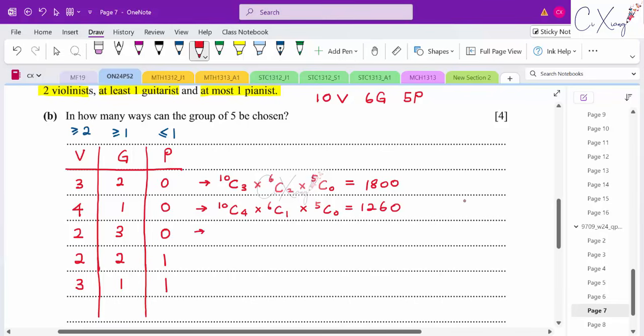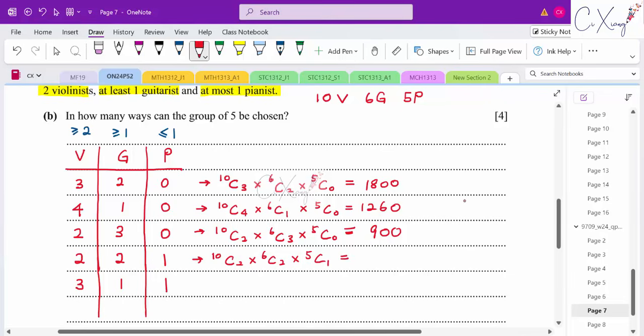Then how about the third case? The third case is 10C2 multiplied with 6C3 multiplied with 5C0. If you didn't make any careless mistake, this value should be 900. Then please complete the rest of the cases. So 10C2 for this one, 6C2, and also 5C1.